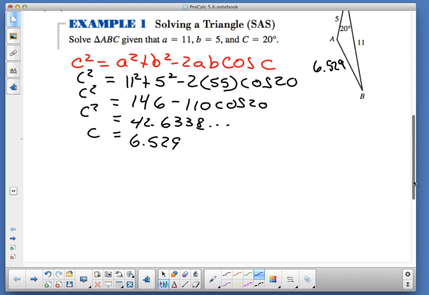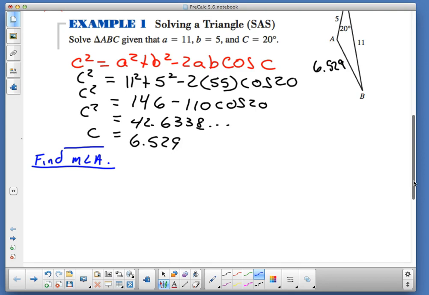If I'm going to find angle A, I have some information already, and I'm going to use the law of cosines to help me with this. We know how to do the manipulation.